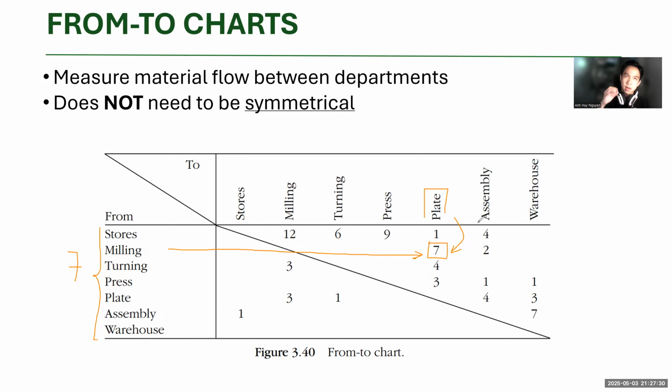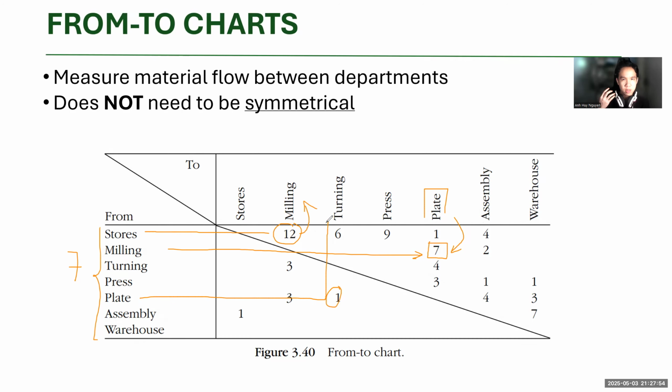The bigger the number, the bigger the flow, the more frequent the flow. So there is up to 12 flow that goes from the store to the milling department. However, from blade to turning, there is only one.